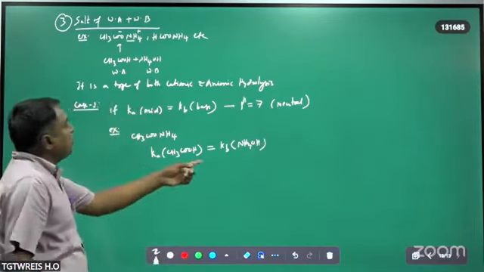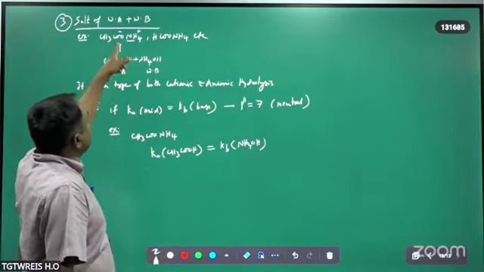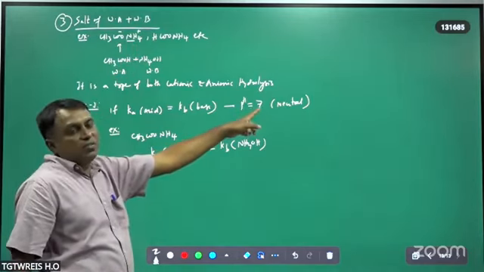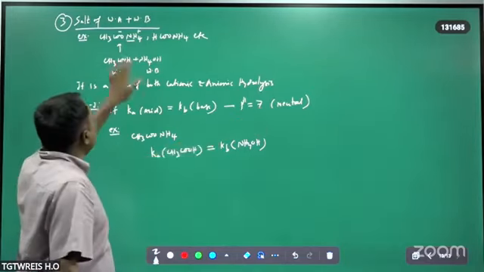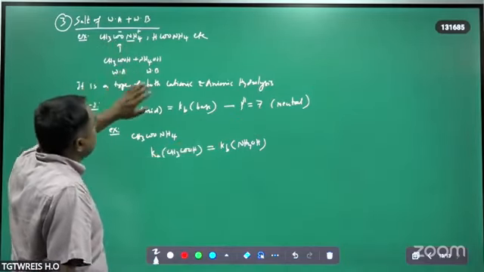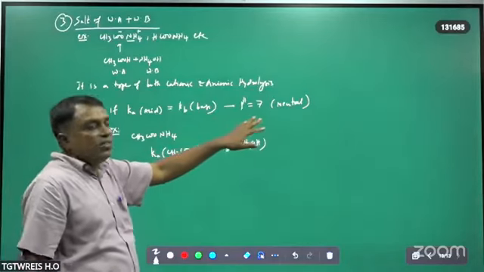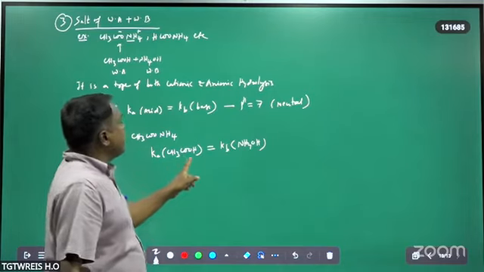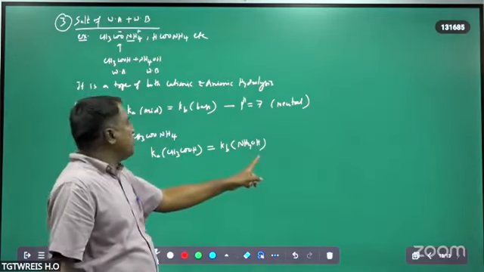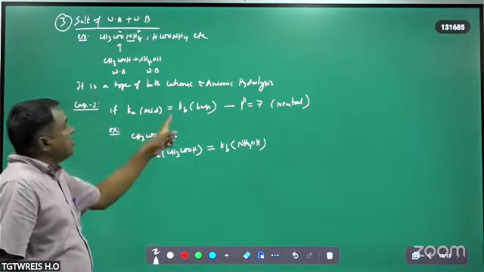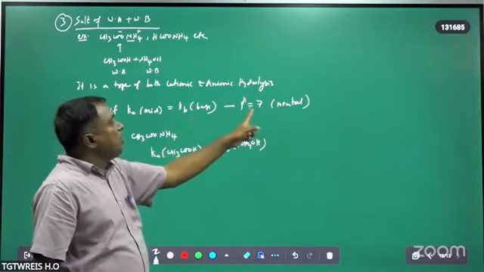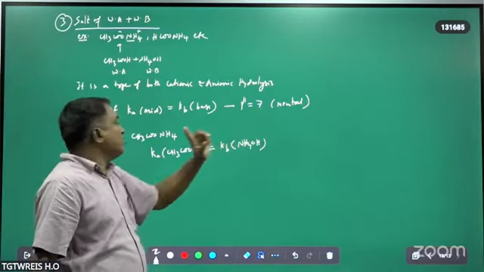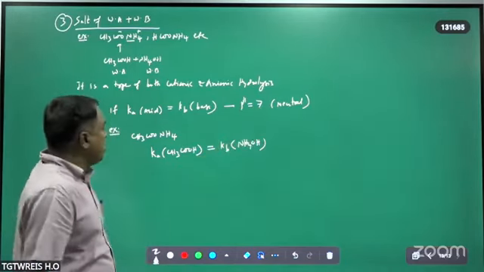Therefore, when this salt is dissolved in water, you get a neutral solution with pH equal to 7.